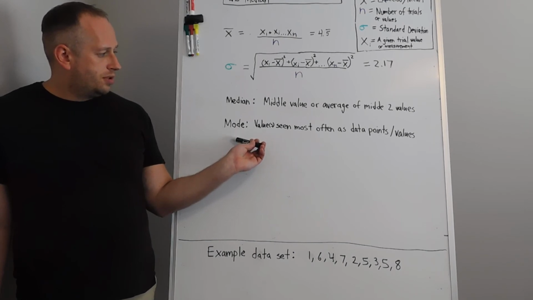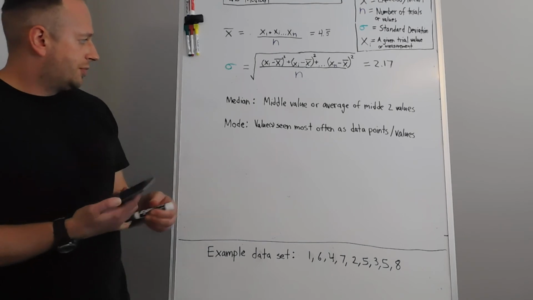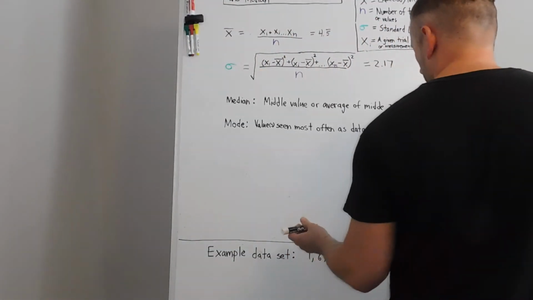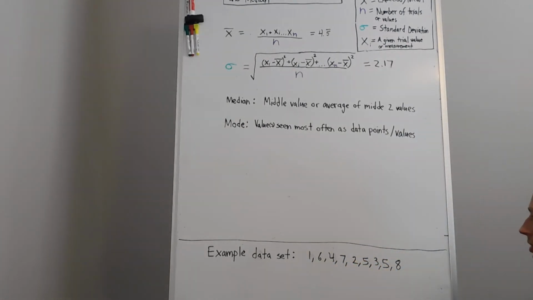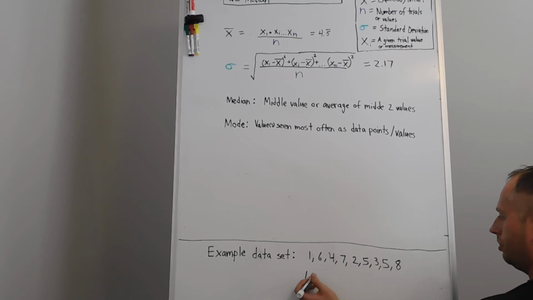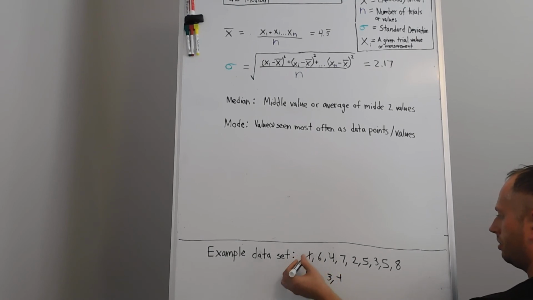So moving on to the mode. Actually, let's calculate the median real quick. We have to rank these data points. So if we do that, we end up with 1 and 2 and then 3 and then 4. Just going to cross them off.